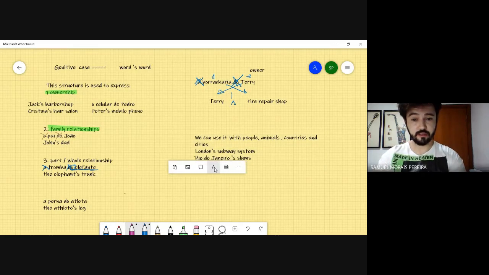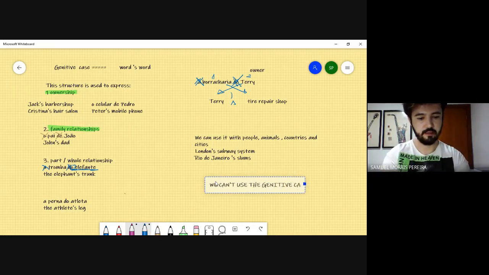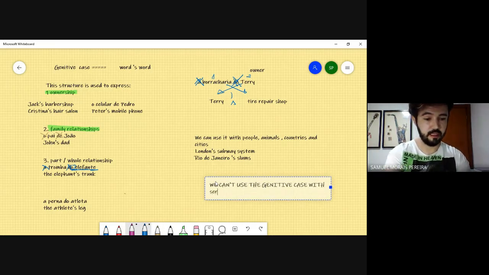Now pay attention. This is the most important part of my class today, okay? So now pay attention to this information. We can't use the genitive case with, I'm gonna even write in Portuguese, olha, seres inanimados.